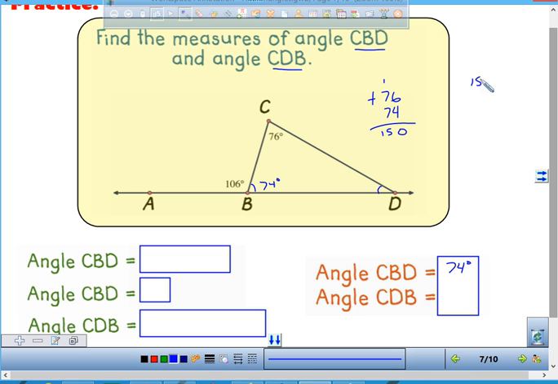So then 180 minus 150 gives us 30. What kind of triangle is this? Let's name it. Acute, because all angles are less than 90. And how about by the sides? Scalene, because all three sides are going to be different, because all angles are different. Very good.